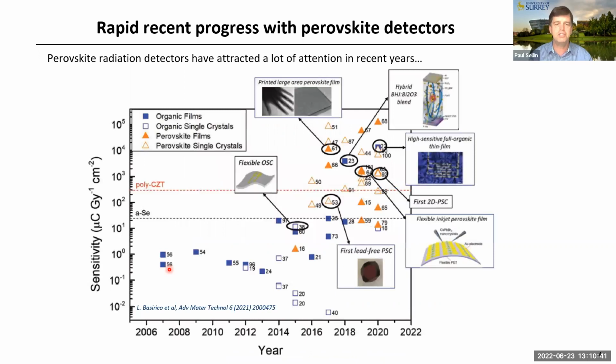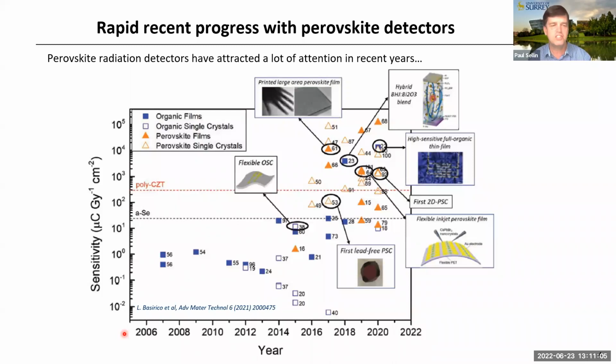Well, this was a nice review paper by the group in Bologna, published by Bazirico and co-workers in 2021. And this quite busy chart shows how the sensitivity of both perovskite and organic materials has developed over the years.